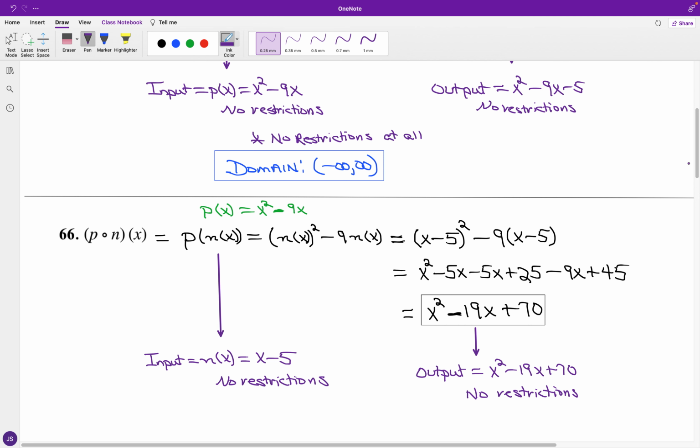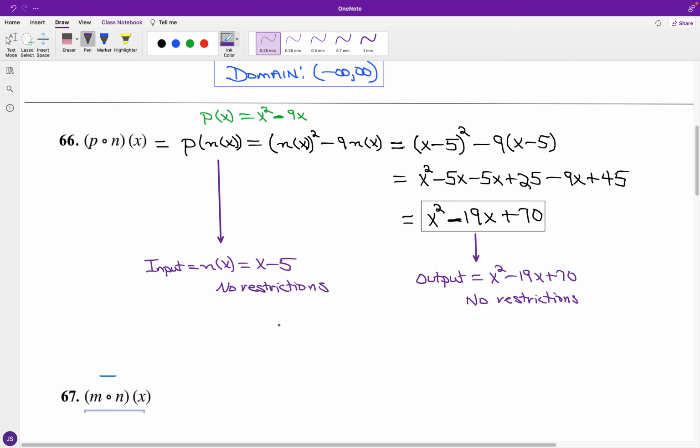So you have no restrictions. So between the input and the output, there are no restrictions at all once again. And once again, we have the domain to be the set of all real numbers.